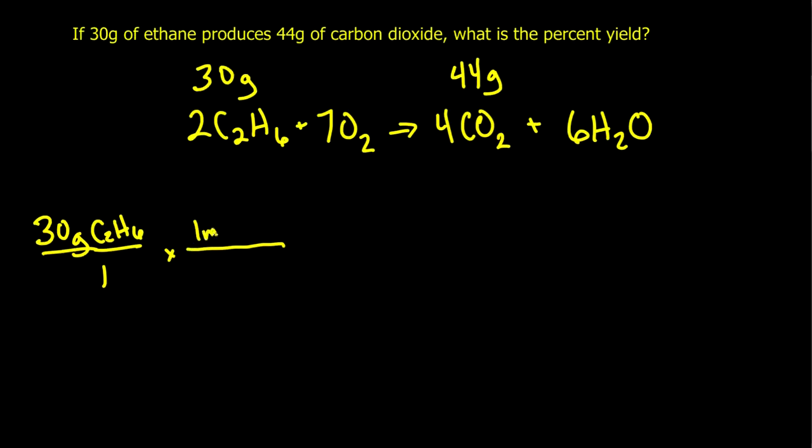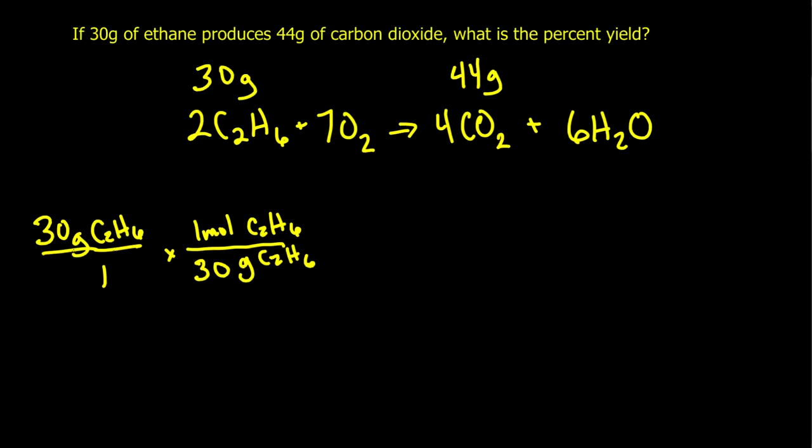So 1 mole of ethane is how many grams of ethane? So I'm going to be rounding my atomic mass on my periodic table. So carbon is 12, there's 2 of them, plus 1 gram of hydrogen, and there's 6 of them. So 12 plus 6. So it weighs 30 grams.